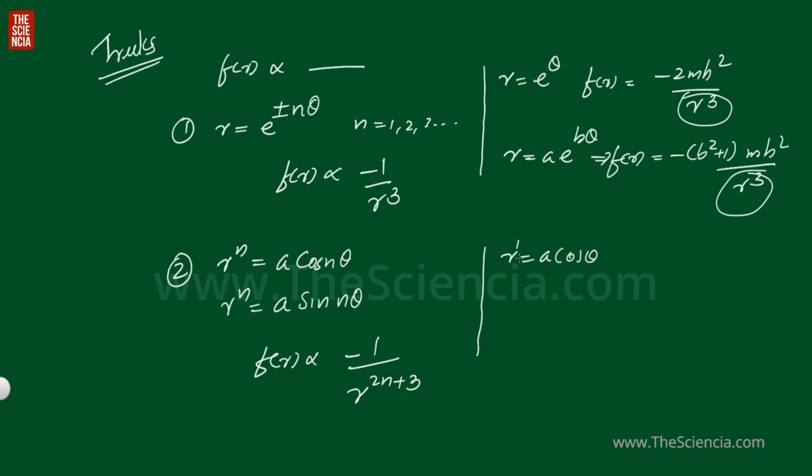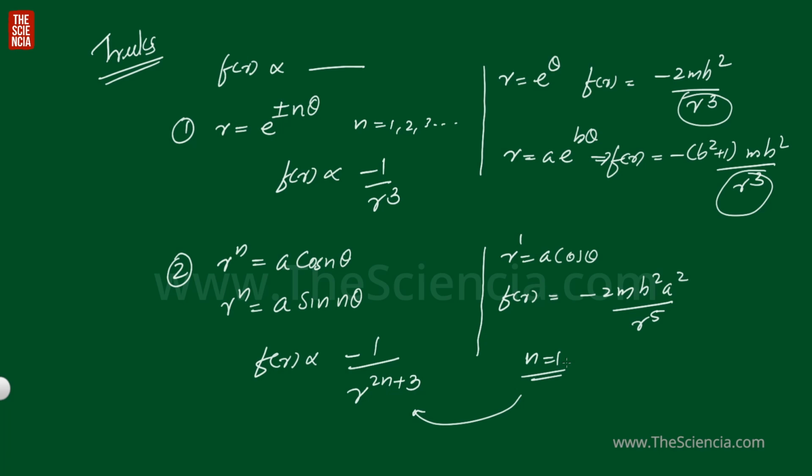Here, r raised to 1 equals a cos 1 theta, right? And we got f of r equal to minus 2 m h square a square by r raised to 5. Here, what is the value of n? That is 1. So you just substitute this value here, you get the same proportionality, right?